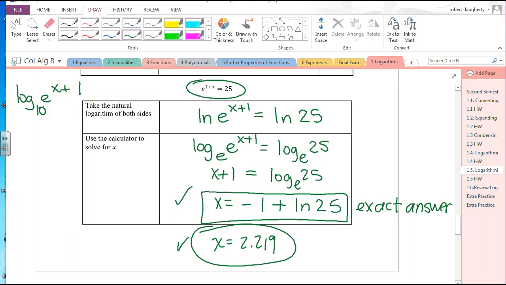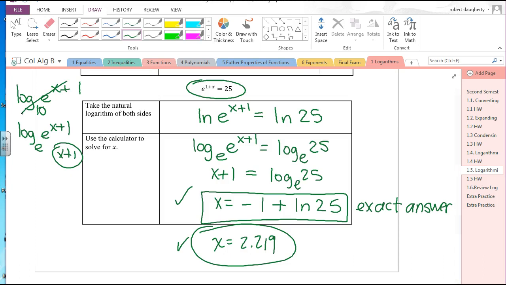That is not x plus 1. The only log, the log base e of e to the x plus 1, that's the one, this is x plus 1. This is not x plus 1. So you have to take the log of the appropriate base of both sides.